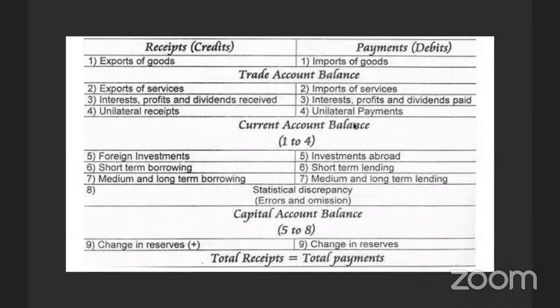Then current account balance. Foreign investment. Then short-term borrowings, medium and long-term borrowings, investment abroad, short-term lending, right? These are the payments and these are the receipts. Next is your total receipts.